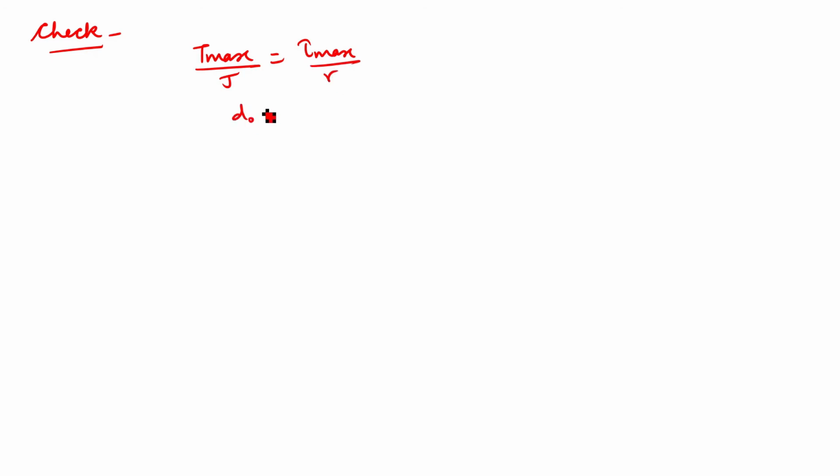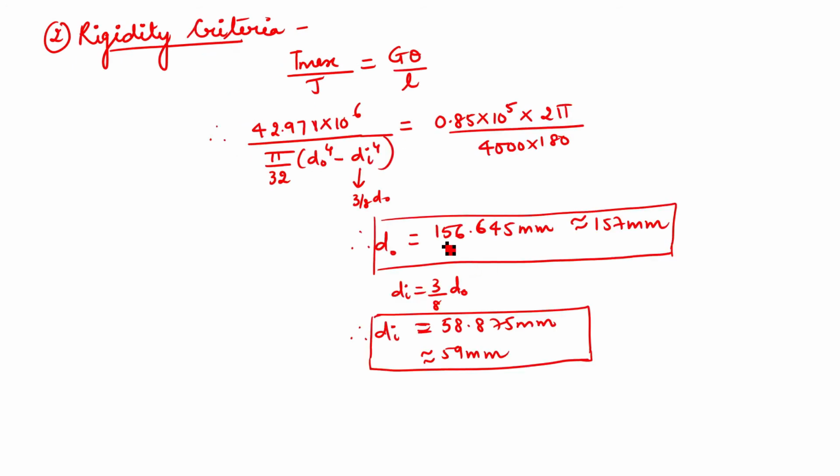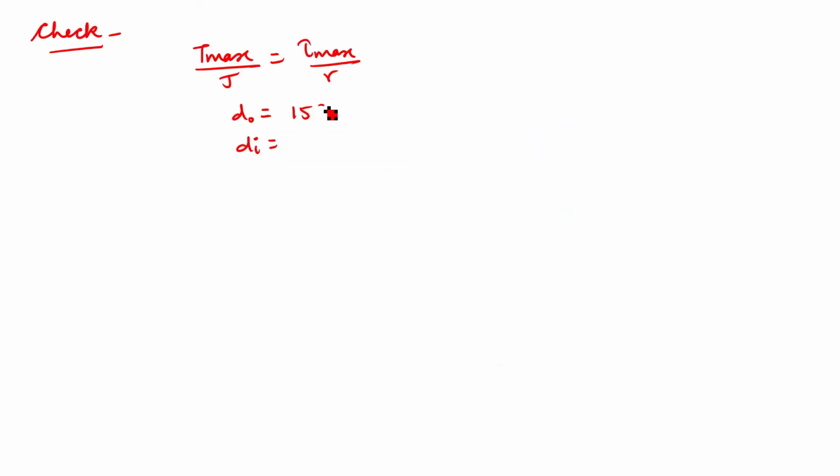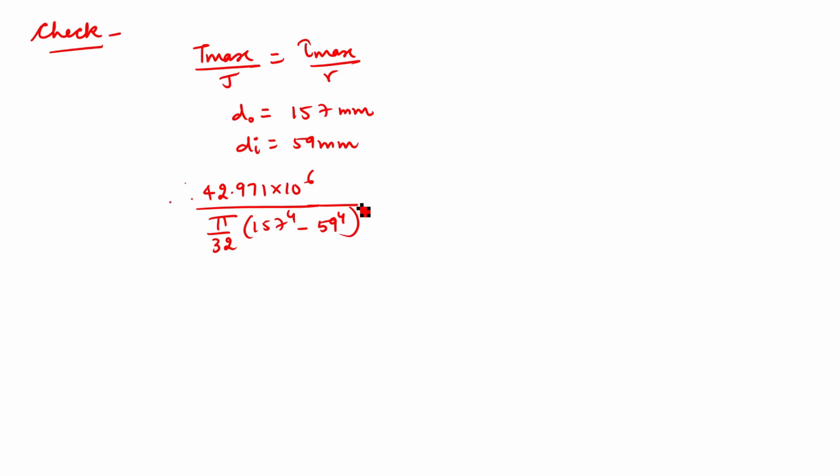I know DO and DI value. This is the first criteria, so I am using the values from the second criteria, that is these two values, 157 and 59. Now when I solve this, I have 42.971 into 10 raised to 6 upon pi by 32, 157 raised to 4 minus 59 raised to 4, is equal to tau max upon 157 by 2.